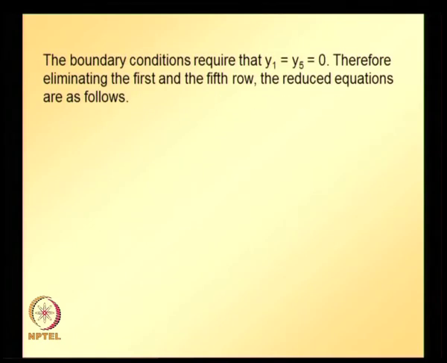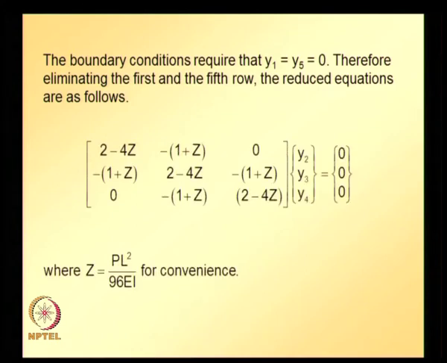Therefore, eliminating the first and fifth rows, the reduced equations can be obtained from the global equations, and here a substitution is made, z equal to PL square over 96 EI, and you can see here this is an eigenvalue problem.